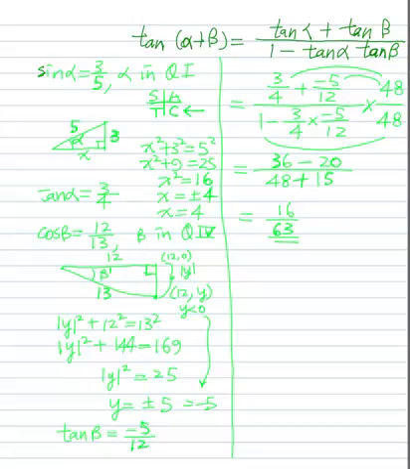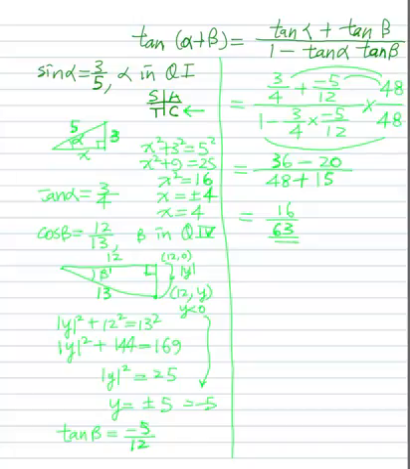We are given that sine of alpha equals 3/5, and alpha is in the first quadrant. We use our memorization figure.